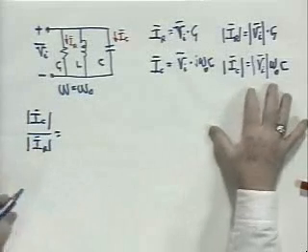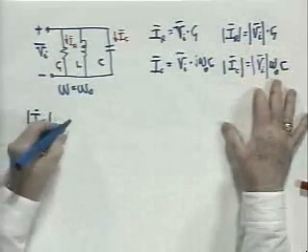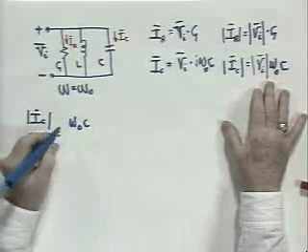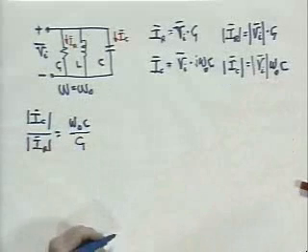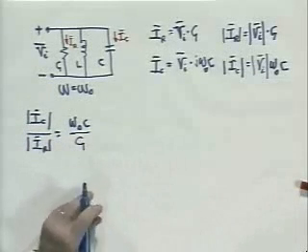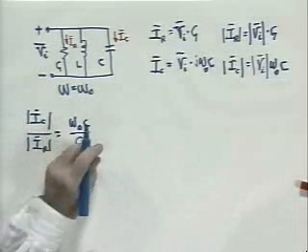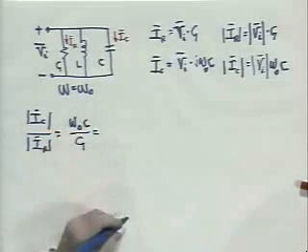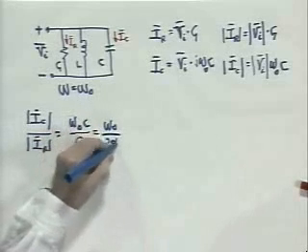we get, the magnitudes of V sub I cancel, of course, omega naught C divided by G. Omega naught C divided by G. This is just omega naught over 2 alpha.